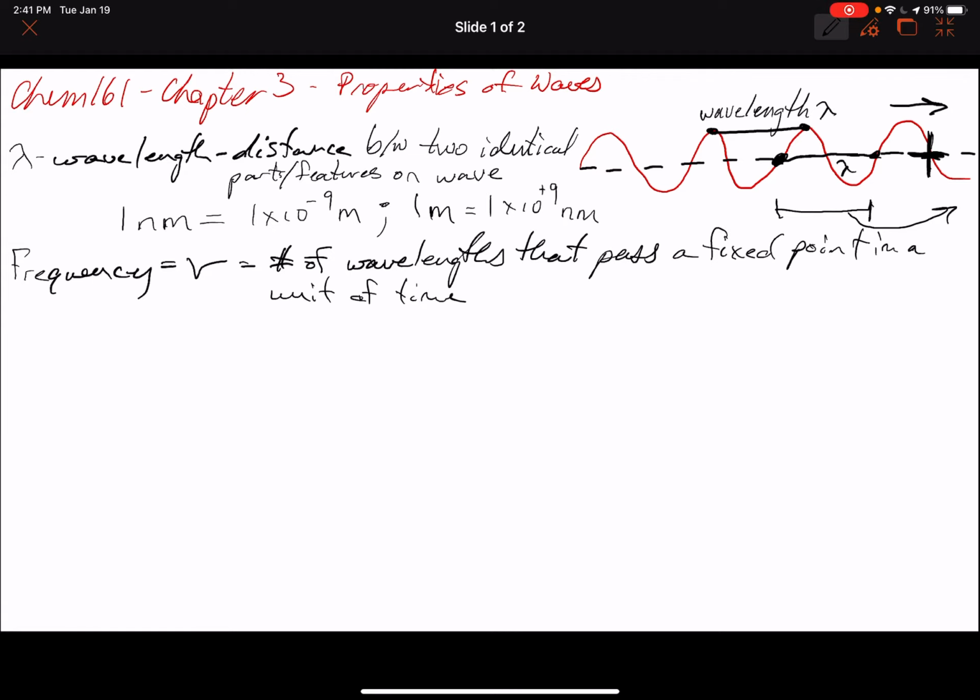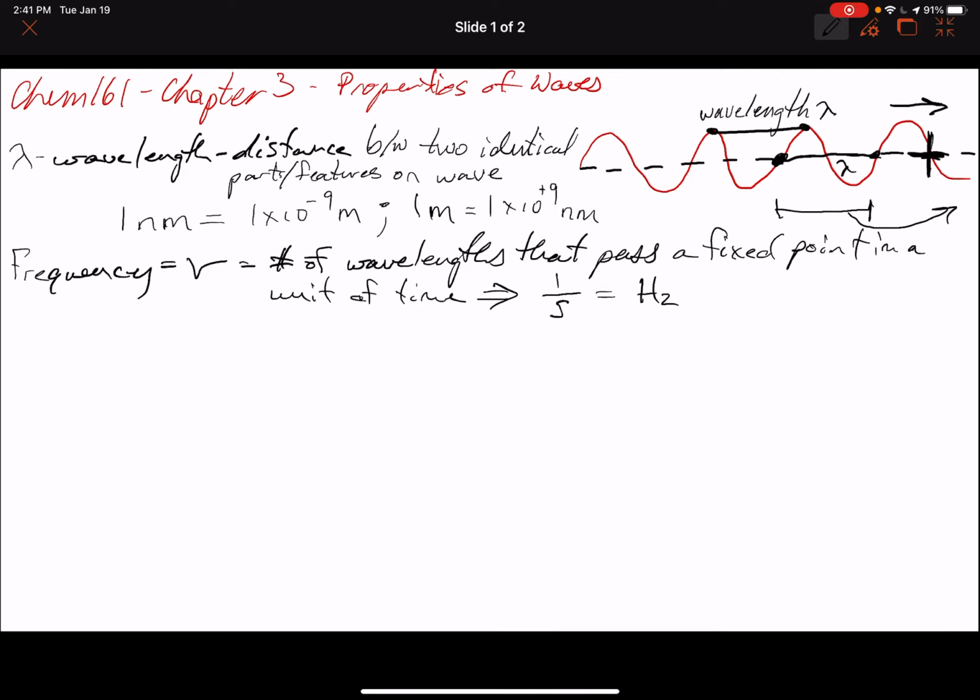Okay, so you can see here we would expect to be counting whole units of these wavelengths, so it's simply unitless in that regard per unit time. So this is going to give us units that are per second. 1/second is what we see for the units for frequency. This is also given a separate symbol, which is the hertz. So 1 per second is equal to 1 hertz, or 2 wavelengths passing a fixed point on a scale would be equivalent to 2 hertz.